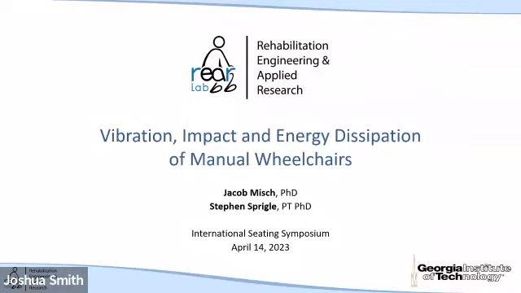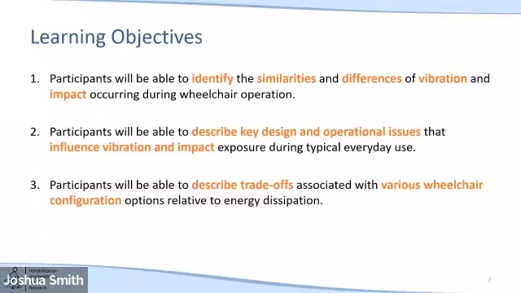So the learning objectives are to differentiate between these two kinds of energy, okay? One is vibration and the other is impact or shock. And then what are wheelchair-specific design considerations and even wheelchair-independent design considerations that affect this kind of energy, the vibration and the impact?